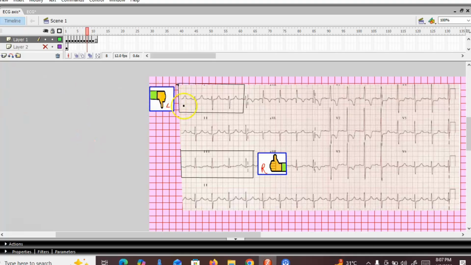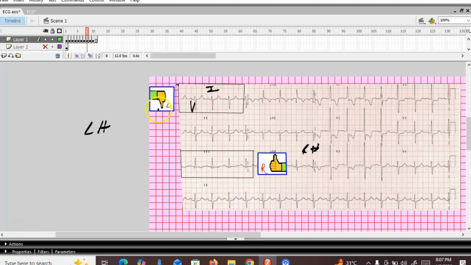This is another ECG. You can see over here that the S wave is deep in lead 1, and the R wave is upright in lead 3. So if we consider lead 1 as the left hand and lead 3 as the right hand, and we consider the R wave or the negative deflection as a thumb, see here.